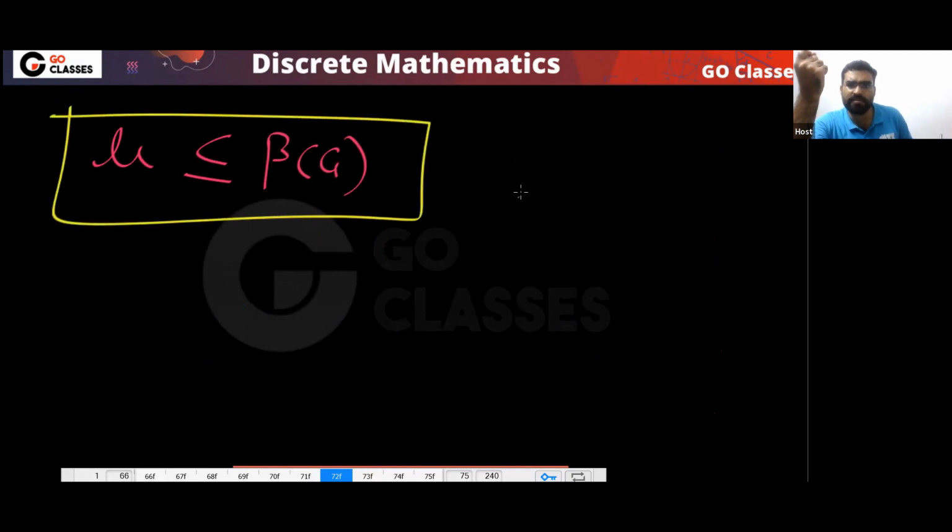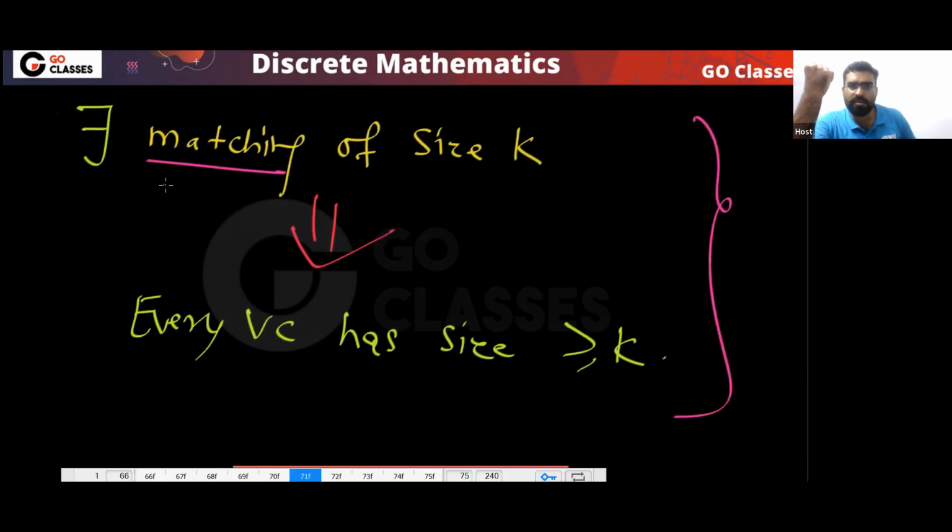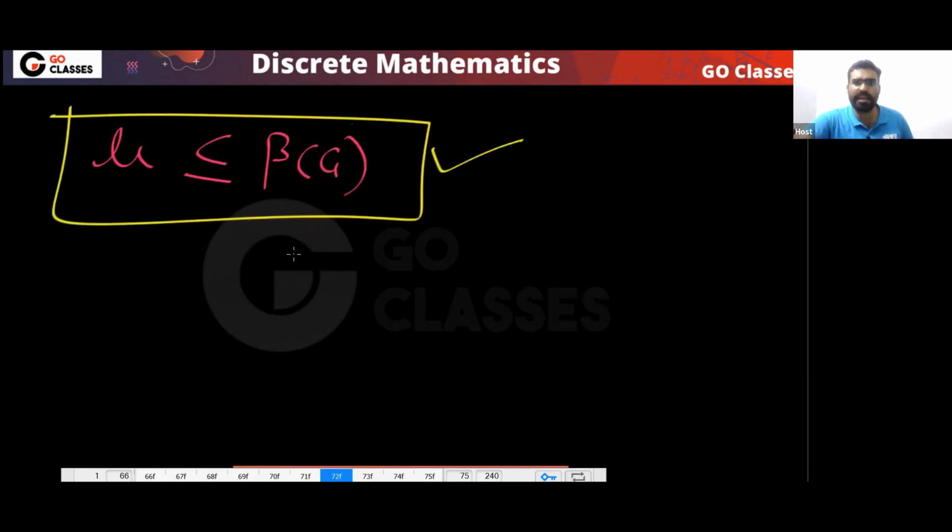Remember, for any matching you take, the vertex cover size must be greater than or equal to it. So if you take the maximum matching, then definitely this mu is less than or equal to beta of G.